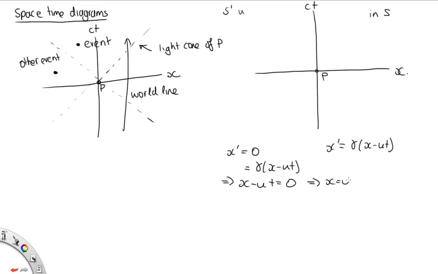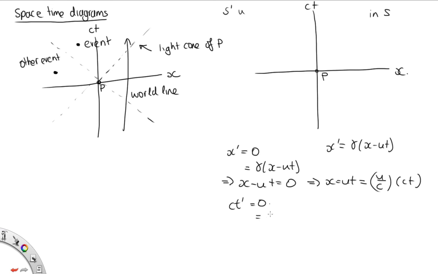So x equals ut, which, because we want to get it as a line on an x versus ct plot, we will write as u over c times ct. These c's cancel out and give us back our ut, but this ct now corresponds to this y-axis here. Now our other axis will be the ct prime axis. So we've got ct prime is equal to 0.